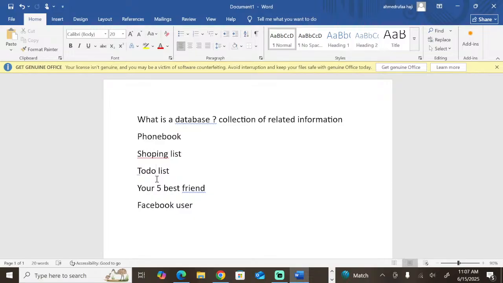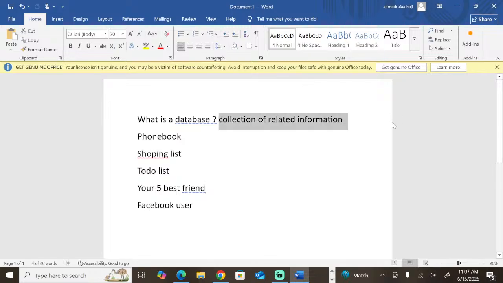So that to-do list becomes a database, right? Your five best friends: if I ask you who your five best friends are, you are not going to use a sheet to write. You will say their names off the top of your head, right? These are lists also. The names are compiled maybe in your mind. So that is what we also call a database. So a database is a collection of related information.